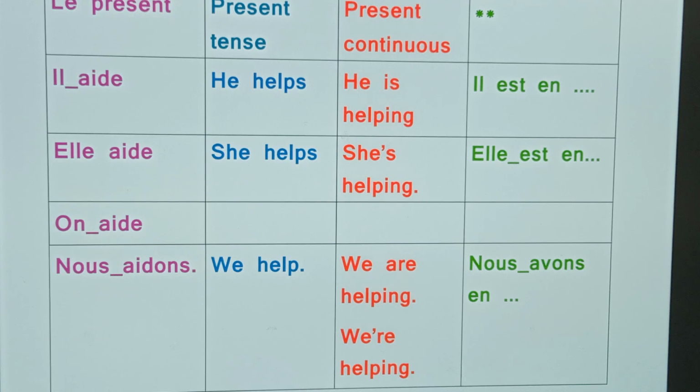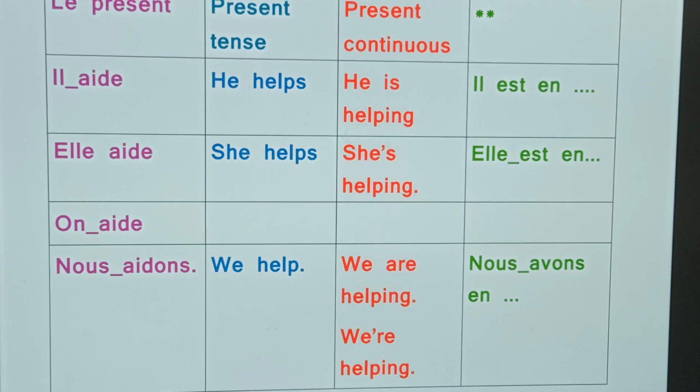So here you see nous aidons. You see the S, you're pushing the S on top of the next vowel, the vowel on the next word, nous. So you're supposed to be giving the sound z, nous aidons. Whereas elle aide, il aide don't have the sound z, but you're still doing a liaison, il aide, elle aide, okay? Nous aidons, we help. We are helping.